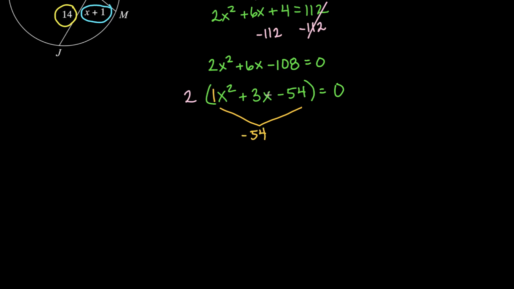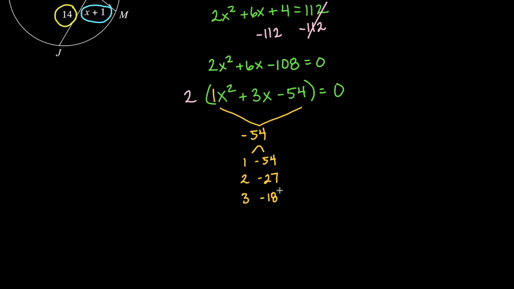Factors of 54 that create 3. So we know that 1 and 54 won't work. We know that 2 and negative 27 won't work. 54 divided by 3 is 18. 3 and negative 18, or negative 3 and 18 won't work.